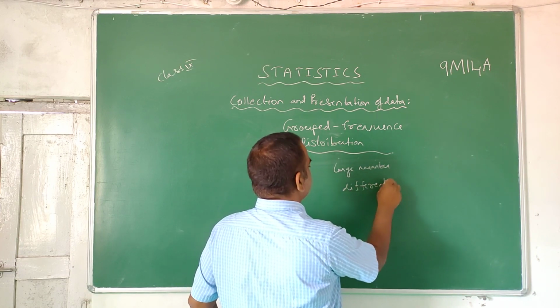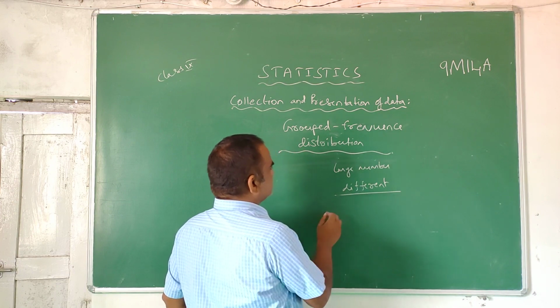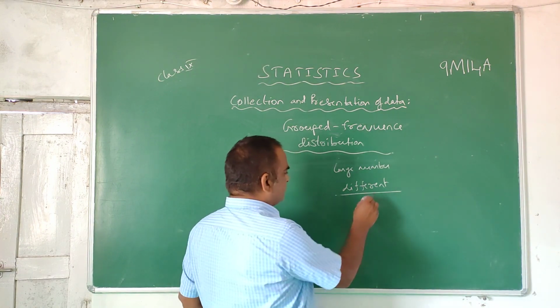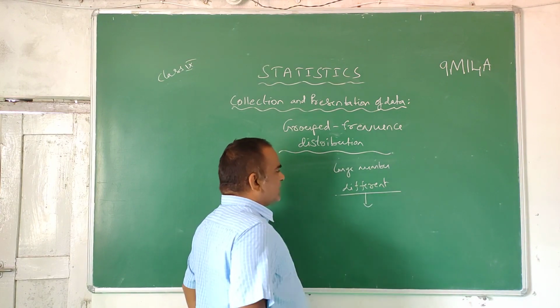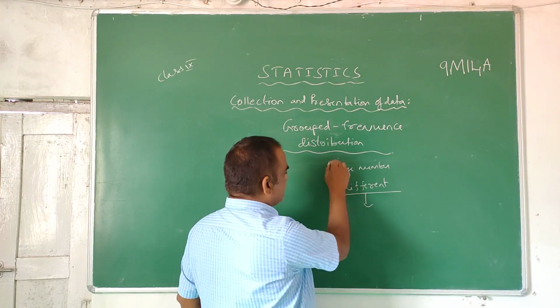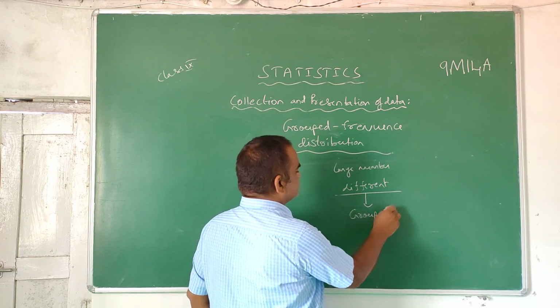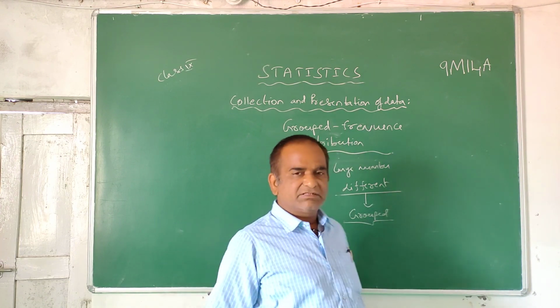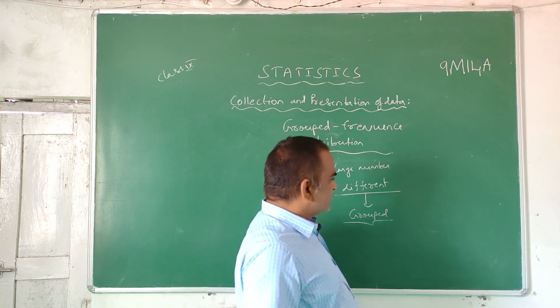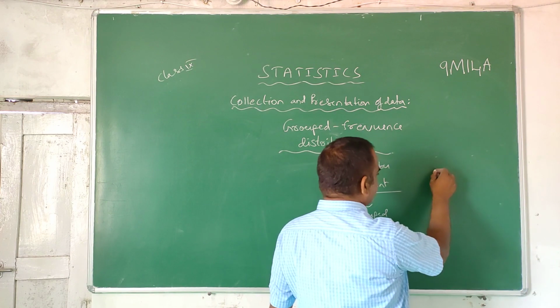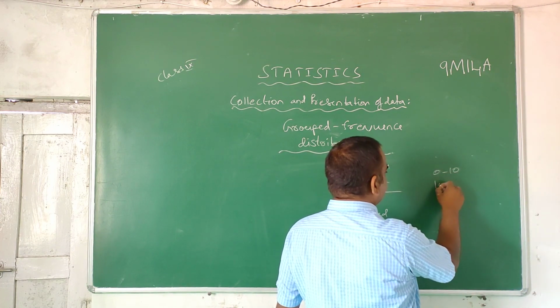So when observations are in large number and all observations are different, the ungrouped frequency distribution may not be so useful. So we bring in grouped frequency distribution in this case. In the grouped frequency distribution, we take some groups like 0 to 10, 10 to 20, like this.